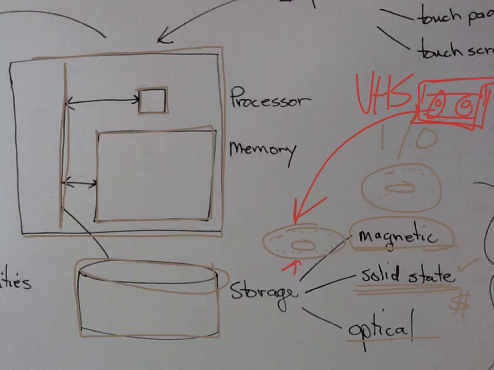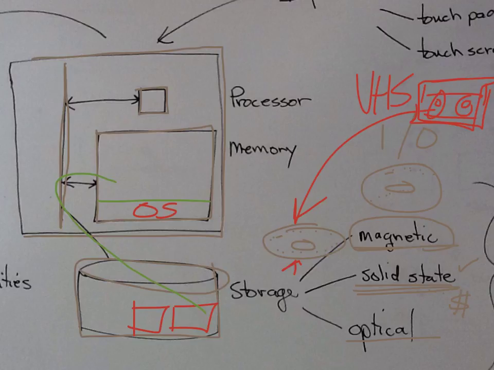Alright. Now, just to review something like down here we have software and we have data. So your software gets loaded into memory. What's loaded in there first? The OS.